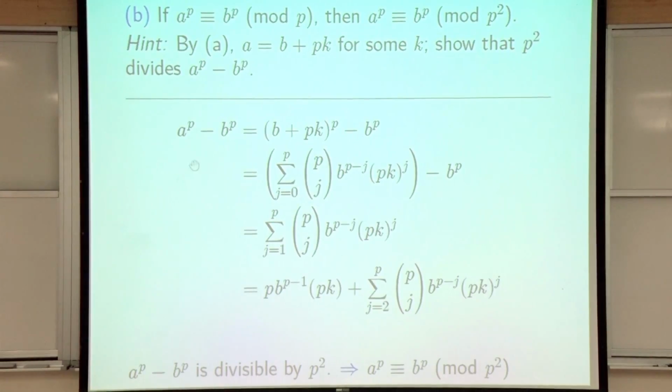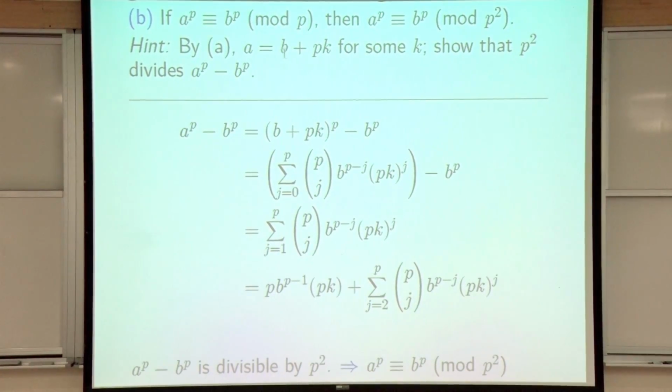The hint we give you is, we know that A is equal to B plus PK for some K. And then we want to show that P squared divides A to the power P minus B to the power P. So we just compute A to the power P minus B to the power P. Here we get (B plus PK) to the power P minus B to the power P. And we are using the binomial theorem here.